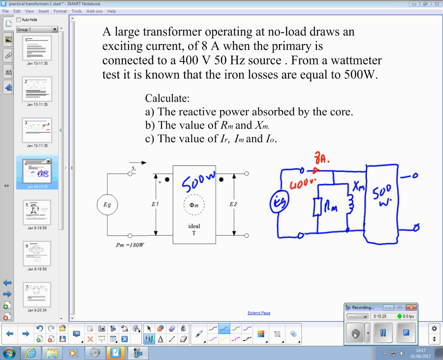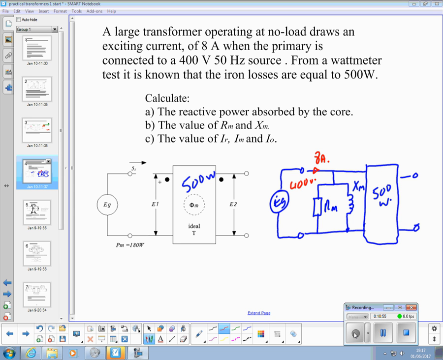What formula do we know that involves, remember, what's always associated with in terms of power? Remember them 3 different powers we got. True power. What type of component uses true power? Resistors. Yeah?